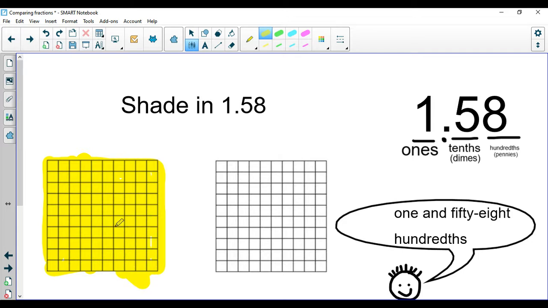This is 1 whole, and then we still need to shade in 5/10 because that 5, 1, 2, 3, 4, 5, and then 8 hundredths. 1, 2, 3, 4, 5, 6, 7, 8. 1 hundredth, 2 hundredths, 3 hundredths, 4 hundredths, 5 hundredths, 6 hundredths, 7 hundredths, 8 hundredths. So that's 1 and 58 hundredths.